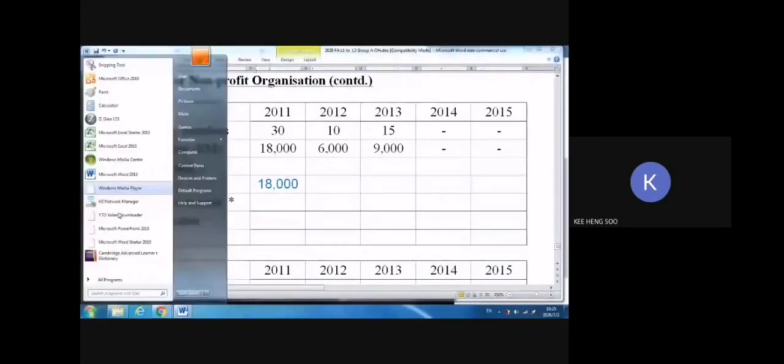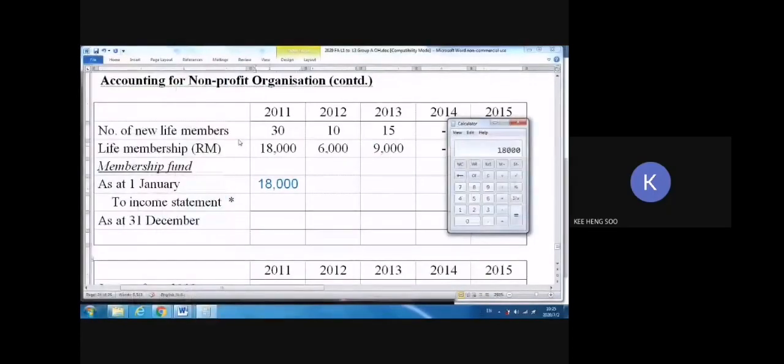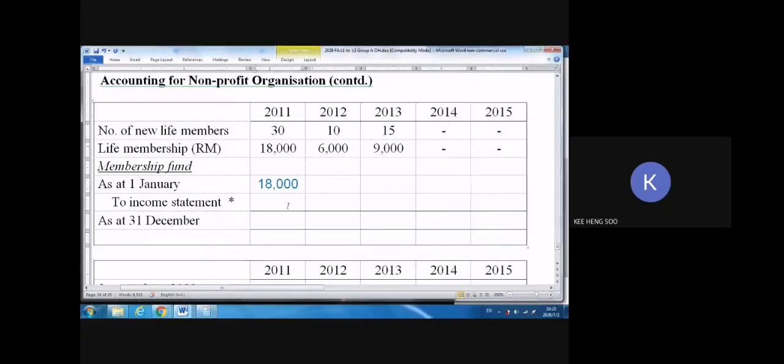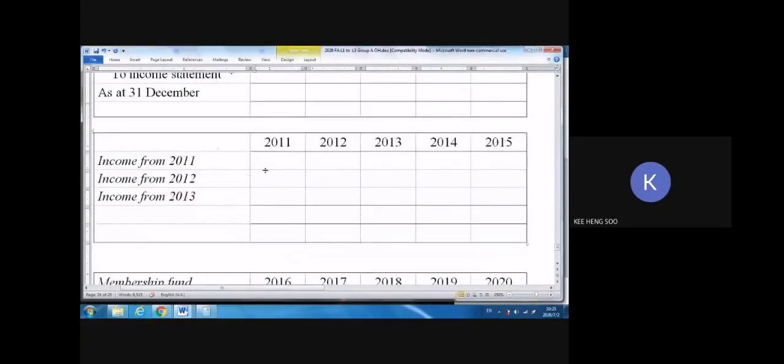Do you see my calculator? 18,000 divided by 5, you can get 3,600. This 3,600 you divide over 5 years.